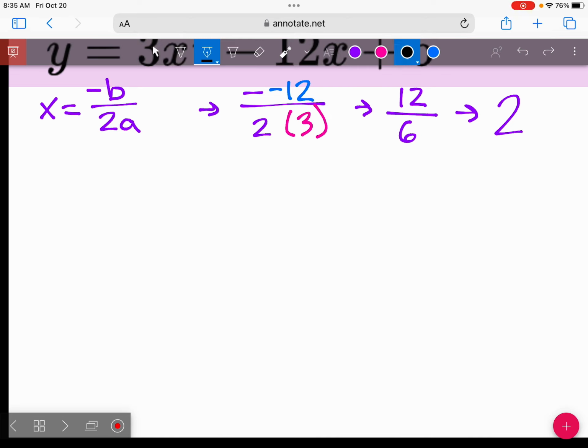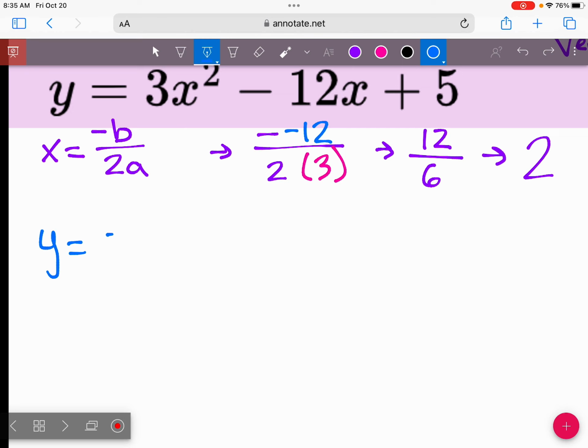To find our y value in the vertex, we take our equation and we're substituting in that x value. 3 times 2 squared minus 12 times 2. That's what I'm putting in there still, plus 5. He's just not involved in the axis of symmetry.